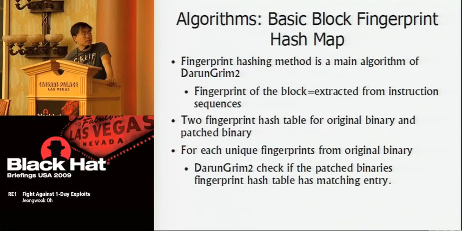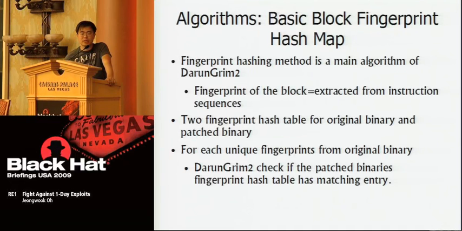And this is very simple, actually. You can just generate a fingerprint of the basic block from the instruction sequences. You can just extract the instruction sequences, and you just take out some useless information like offsets, which can change with each compilation.